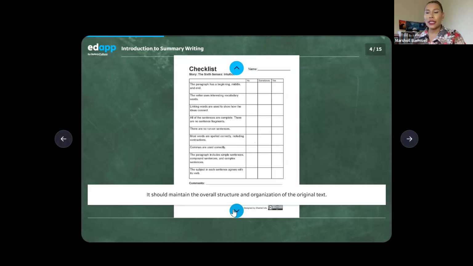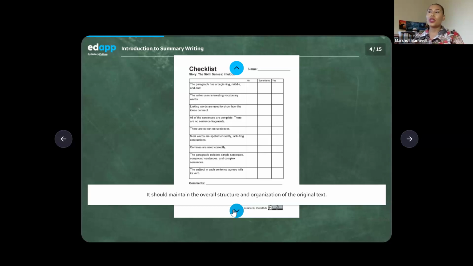So if I'm writing a persuasive piece on why people should use recyclable items in their kitchen, and the author in the original piece is very condemning of individuals who waste or use a lot of plastic or do not consider their carbon footprint, in the summary, I am not to try to smooth over.